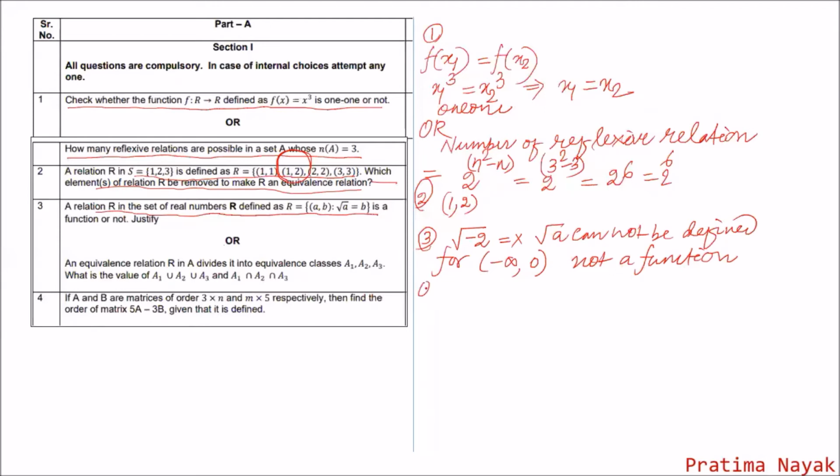Now OR. An equivalence relation R is divided into equivalence classes A1, A2, A3. What is the value of A1 union A2 union A3 and A1 intersection A2 intersection A3? Equivalence class is defined in this way.